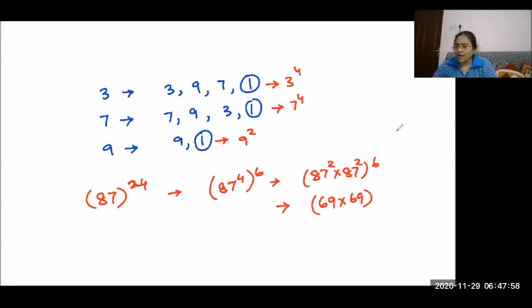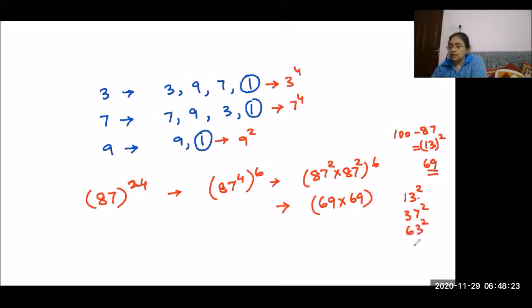So 87, 100 minus 87. Remember my video. And this is 13 squared. Right? 13 squared, the last two digits will be 69. Very interesting facts: 13 squared is 69 and 37 squared will be 69, the last two digits. 63 squared will be 69, yeah, and 87 squared will be.